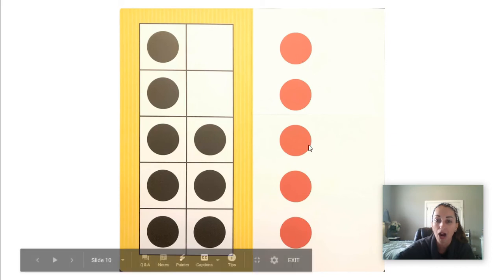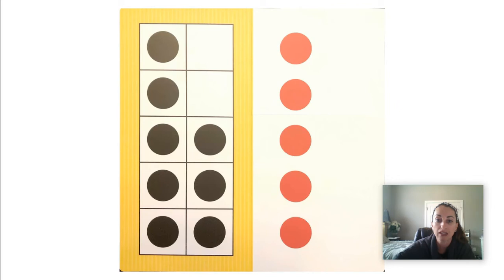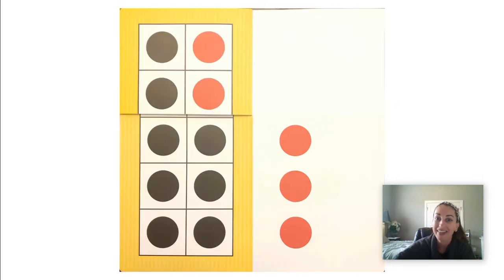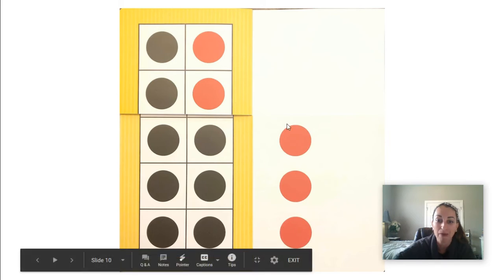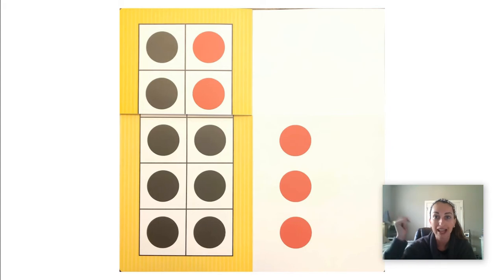So I'm thinking about this 10 frame not being all the way full, how it has 8 dots inside. But if I break apart my 5, if I decompose that 5, I can move some dots over like this. Just like that. So now I have 10 dots in my 10 frame and 3 right here. And I know 10 plus 3 is 13. So is my 5 still there? Am I still working with 5?